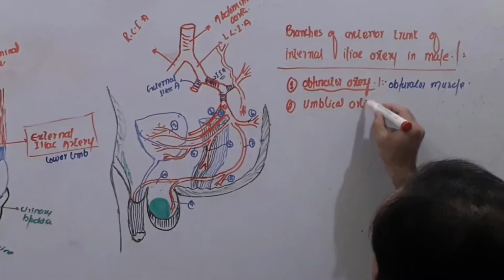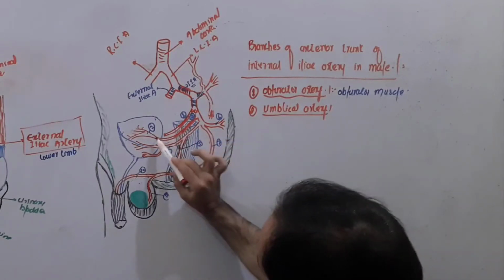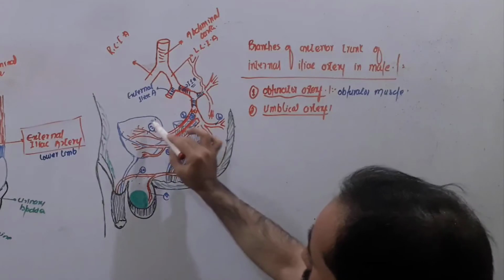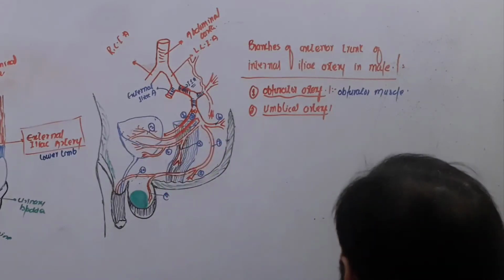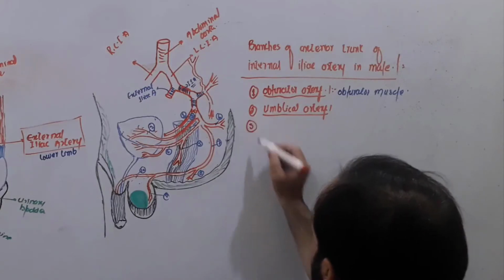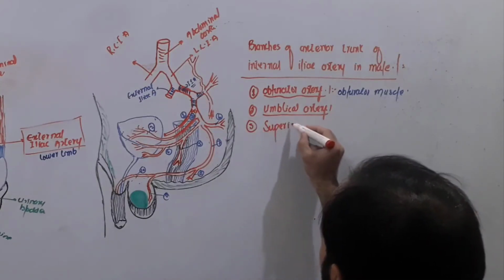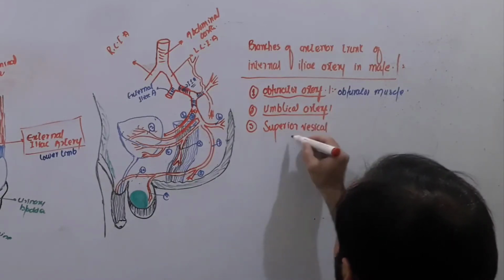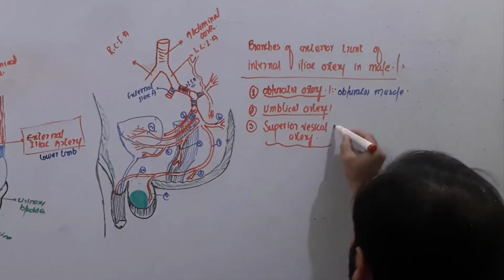You can see that when this umbilical artery goes forward, it gives off the third branch, which is called the superior vesical artery. So the third artery is the superior vesical artery, right friends?